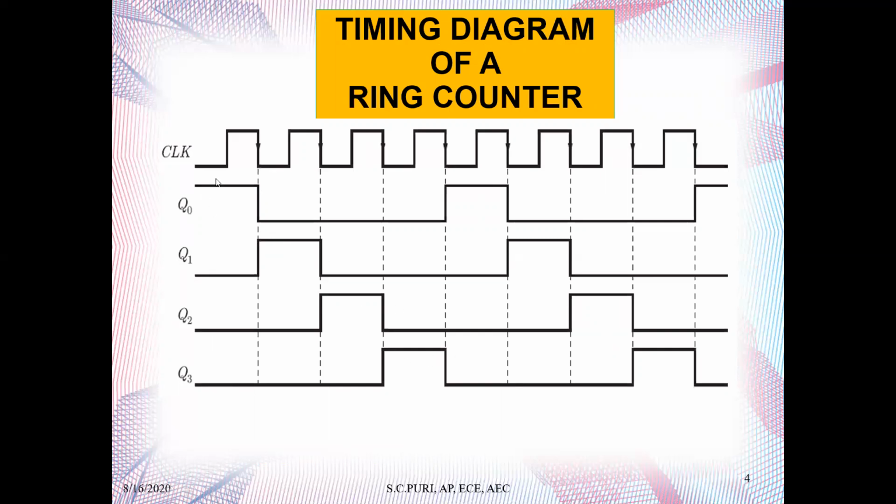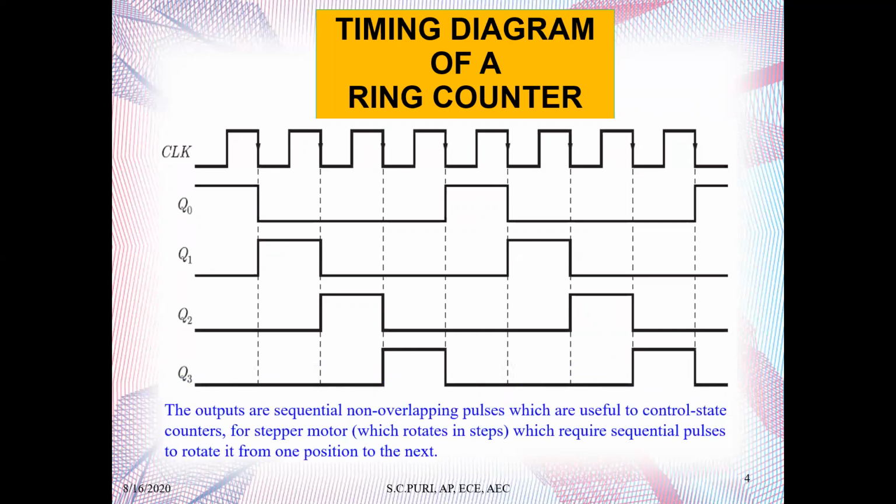These are non-overlapping pulses, of immense use in digital electronics. The outputs are sequential non-overlapping pulses, useful to control state counters for stepper motors, which require sequential pulses to rotate from one position to the next. This is clearly illustrated by the timing diagram.